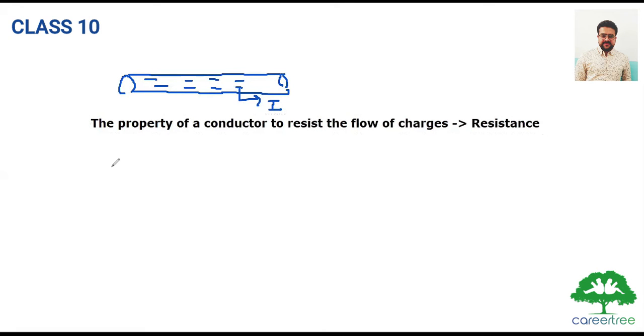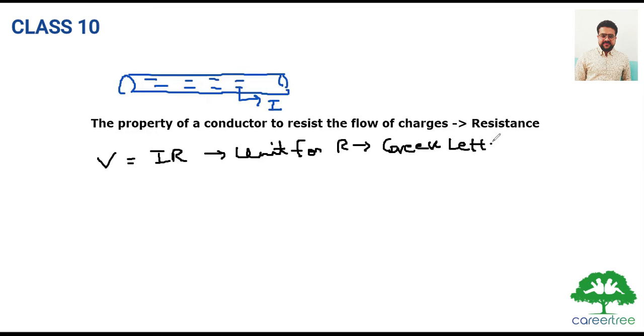Now from the previous Ohm's law, what we just saw, V is equal to I into R, R being the resistance. The unit for resistance is defined by a Greek letter known as Ohm, and this is the symbol for the unit of resistance.